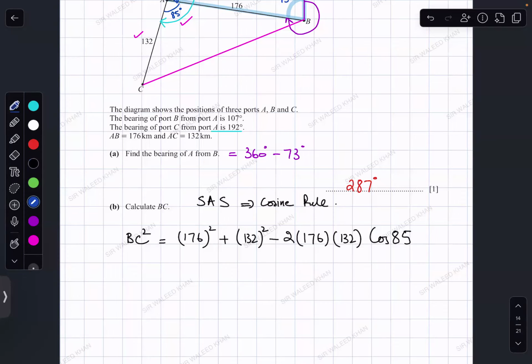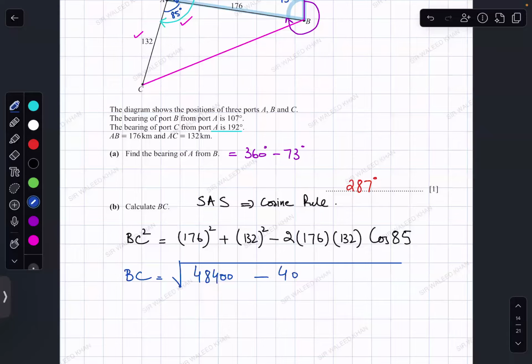So work it out. Should be BC. Add them. 132 square plus 176 square. It's 48,400. Minus this should be 2 times 132 times 176 times cos of 85.